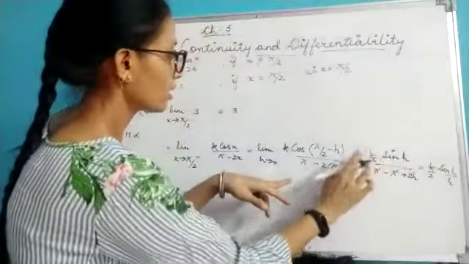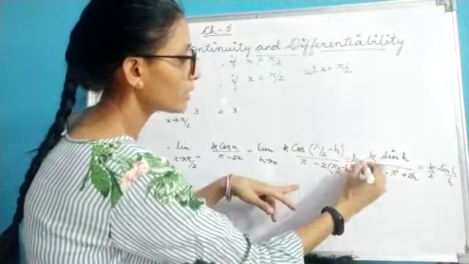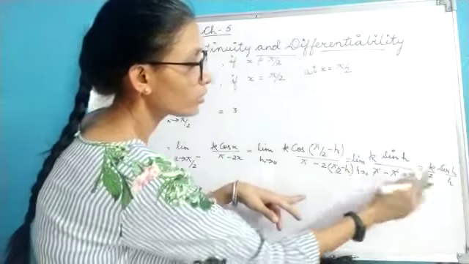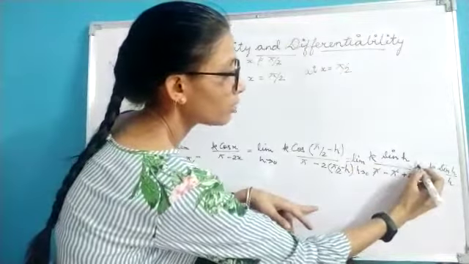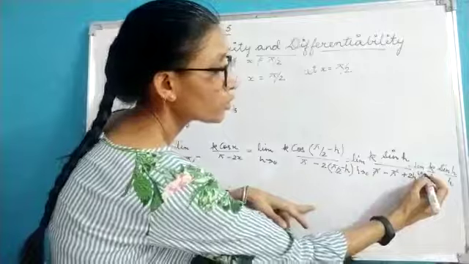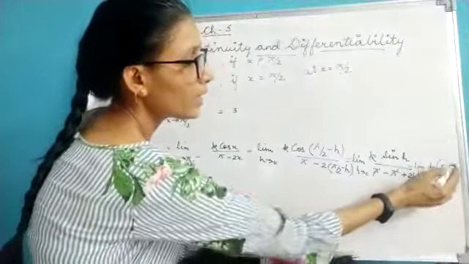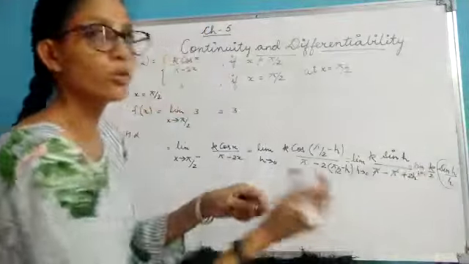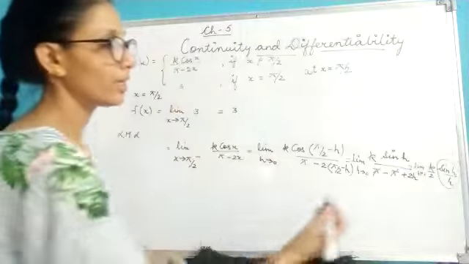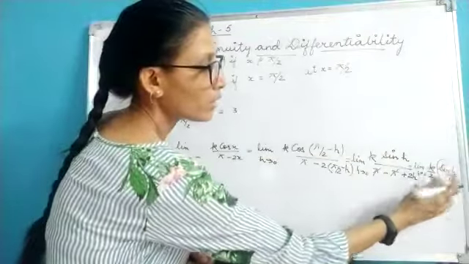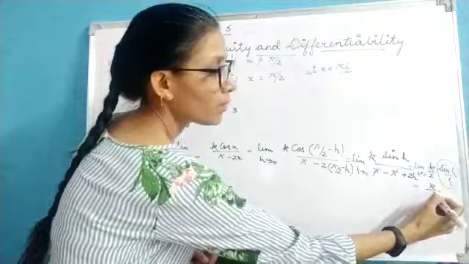And yes, don't forget this limit. Limit h tends to 0, and here also it is limit h tends to 0. So this sine h by h with limit h tends to 0 is one that we have read in class 11. So this will give me just 1, and I will be left with k by 2.